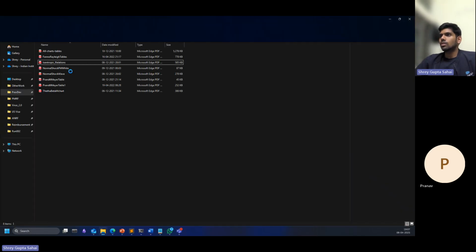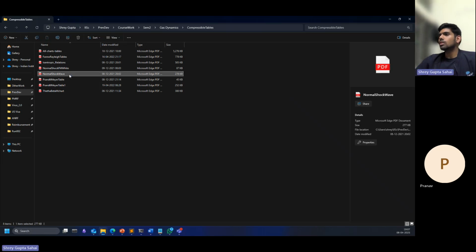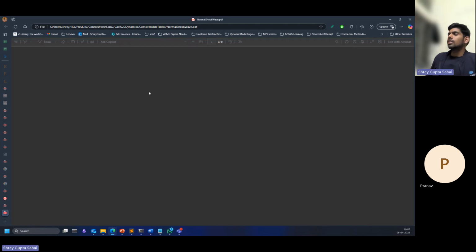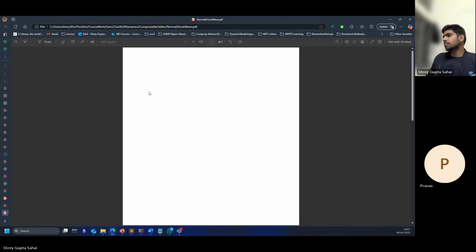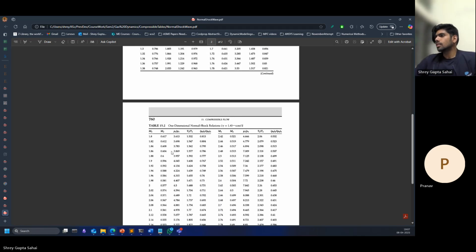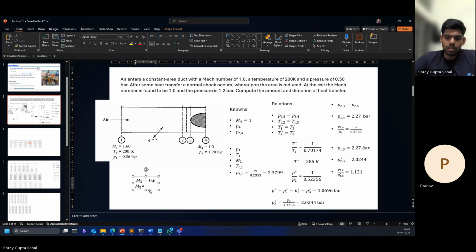There is no other way. Go to a normal shock table and look for an entry of 0.6. Suppose the entry I get is 1.84. So I'll use that right now. You see how heating has accelerated the flow towards it.